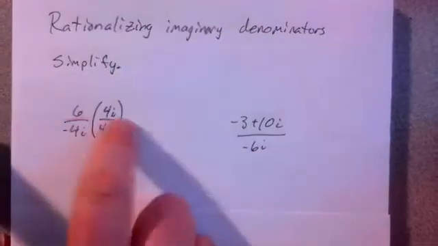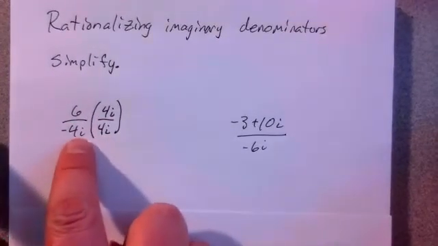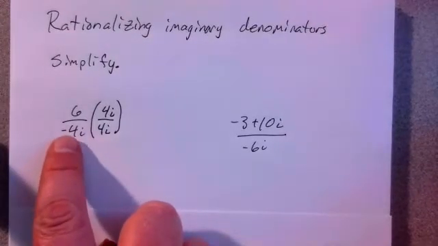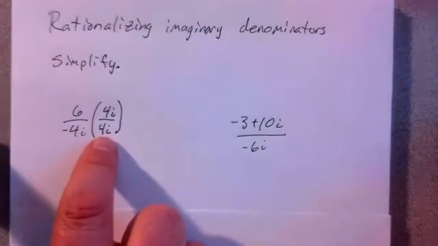I'm multiplying the numerator and the denominator by the complex conjugate of the denominator. Even though it's just the imaginary part, the complex conjugate switches that sign. So instead of 0 minus 4i, it's going to be 0 plus 4i, but I don't need the 0.